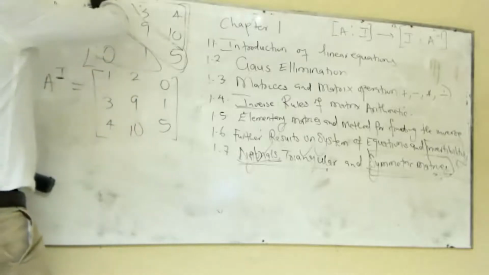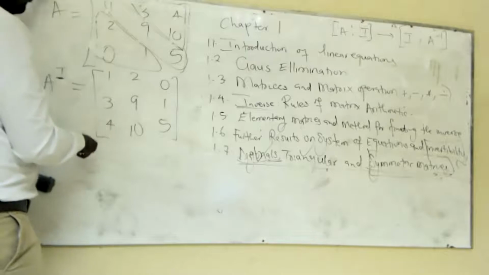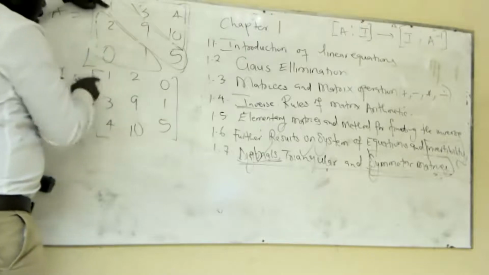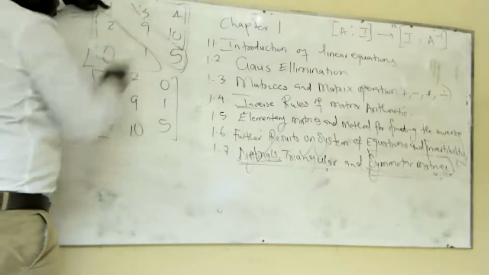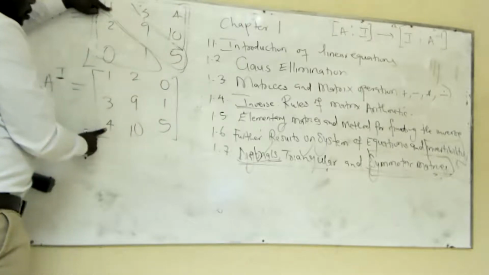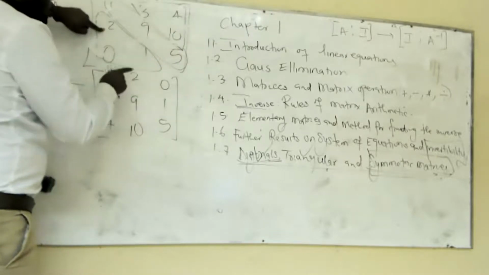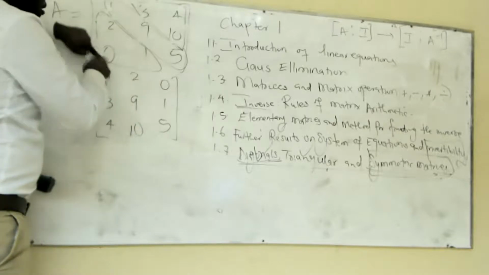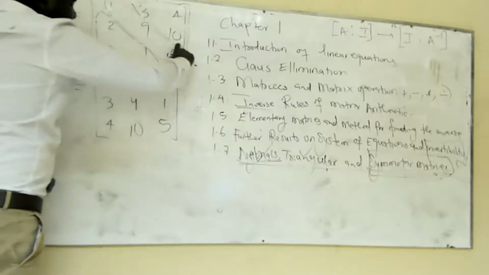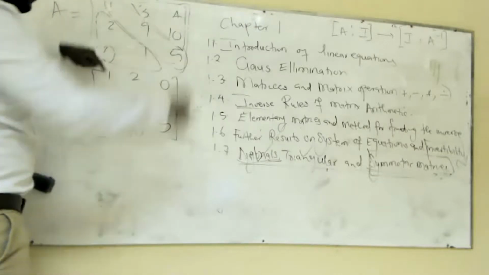So this is a row. This row is going to change to be what? To be the column, which simply means that 1, 3, 4 we're going to write as a column, 1, 3, 4 going down. And then the second row is going to change to be a column, so it's going to be 2, 9, 10. And then the third row is going to be the third column, which is going to be 0, 1, 5.